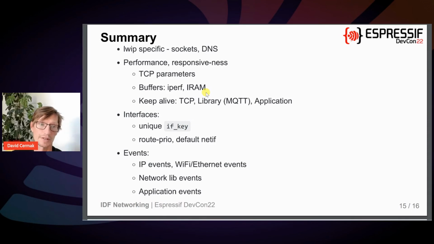About performance and the responsiveness, the liveness of the application, I have shown that it's possible to set up the TCP parameters in kconfig options. If we are looking for the best performance, we need to adjust buffers to maximum.